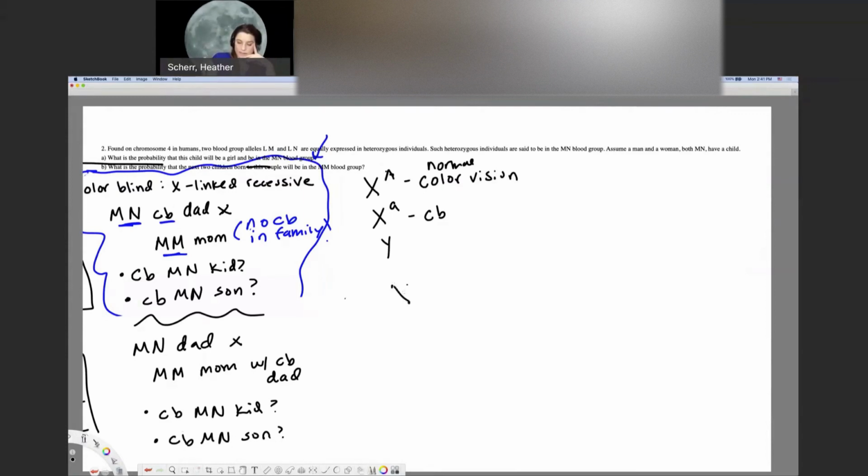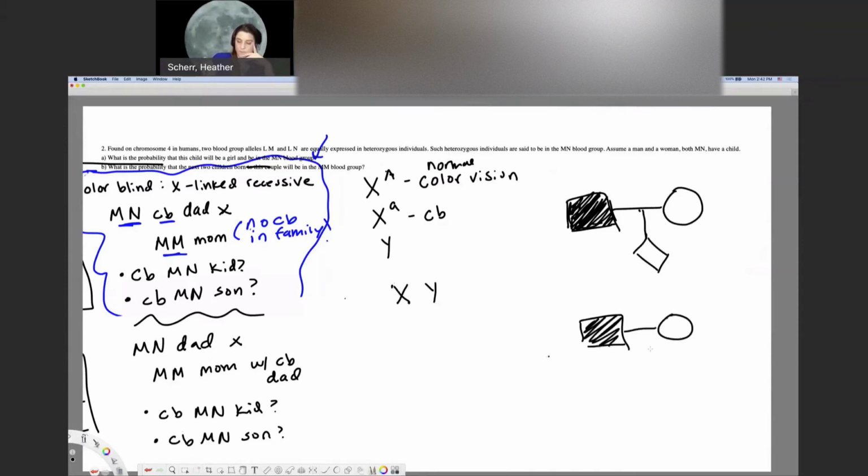So the colorblind dad, we know all males are like this. And actually it could also be presented in this way. This means the same thing.